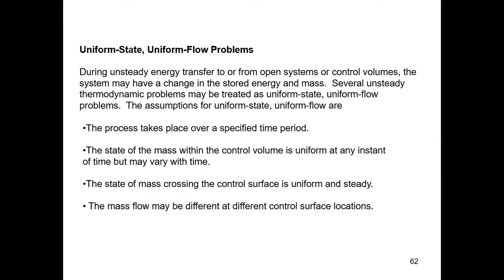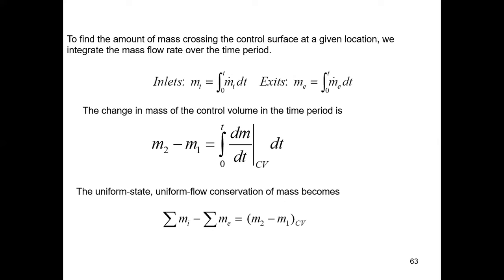The mass flow may be different at different control surface locations. To find the amount of mass crossing the control surface at a given location, we integrate the mass flow rate over the time period. Inlet m1 is equal to the integral of m1 dot dt over time period 0 to t.